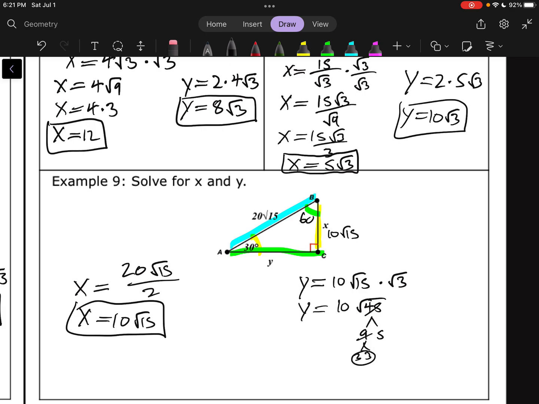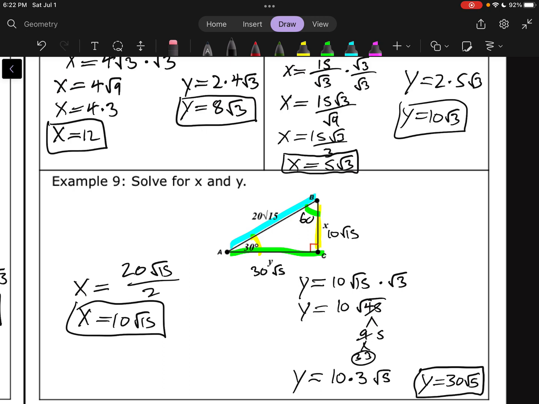So I do get a pair of 3s. We already have a 10 on the outside. Now we get to bring a 3 to the outside, and we still have a 5 left over. So 10 times 3 is 30 root 5. That would be the fully simplified version of y.